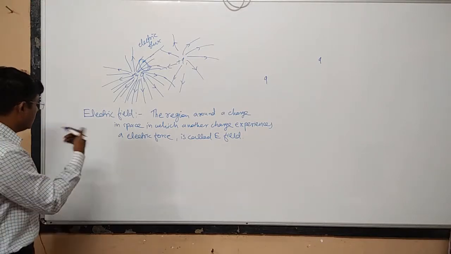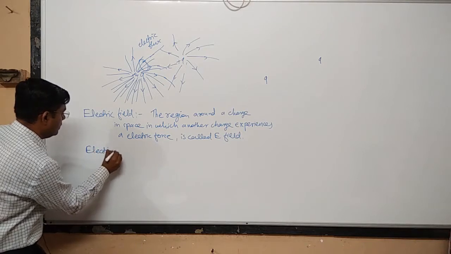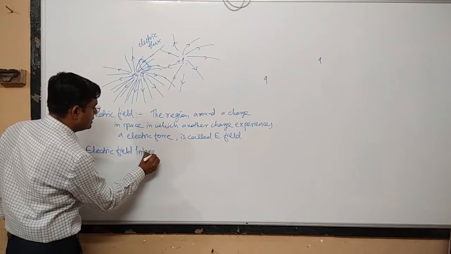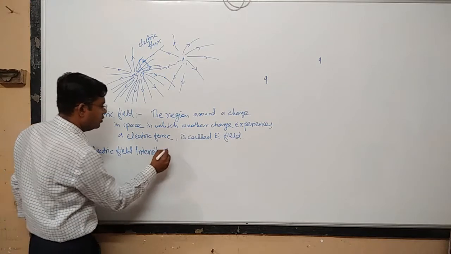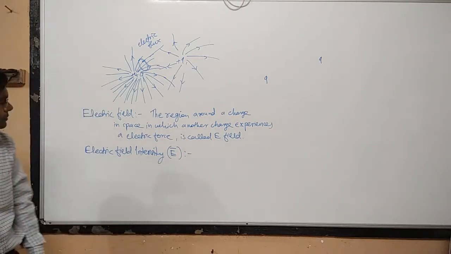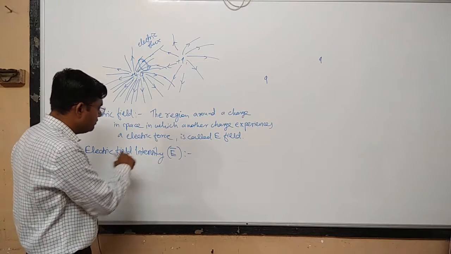Now there is another definition, electric field intensity. It is denoted by vector E. Now how to define the electric field intensity? The definition is very simple.